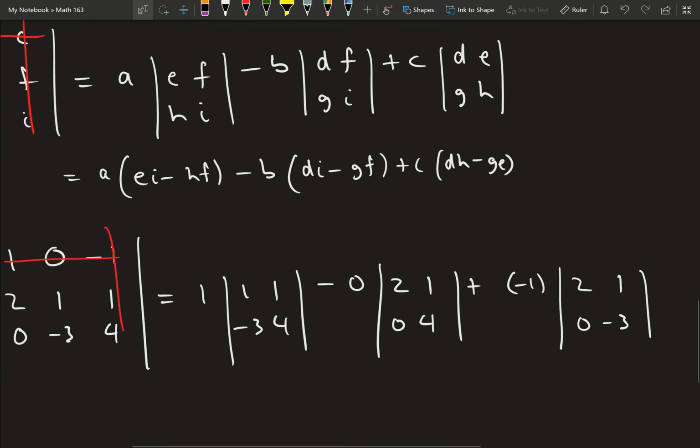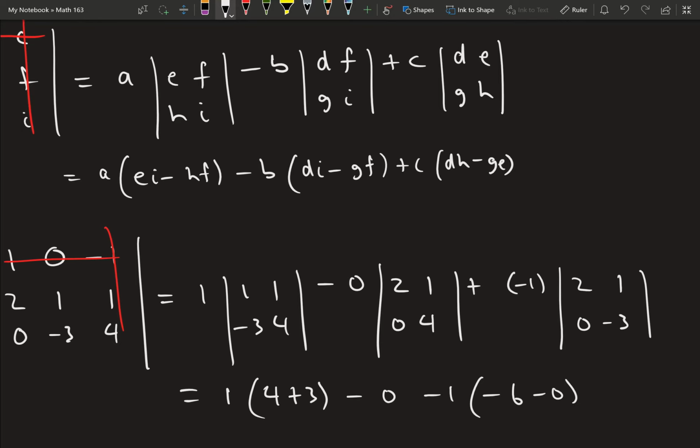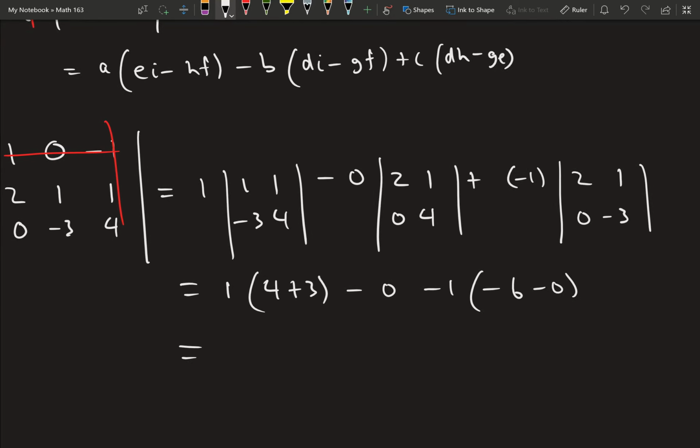So what we end up with here is the following. We get 1 times 4 plus 3 minus 0. This term just goes off to 0, and then minus 1 times minus 6 minus 0. So we end up with 7 minus 0 plus 6, so we get 13 overall.